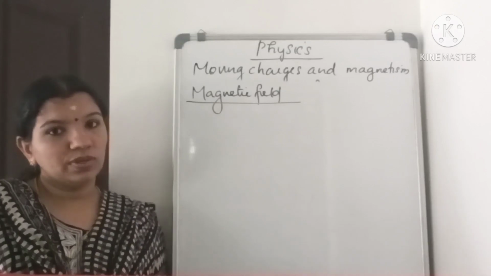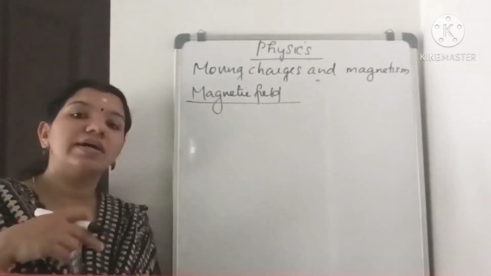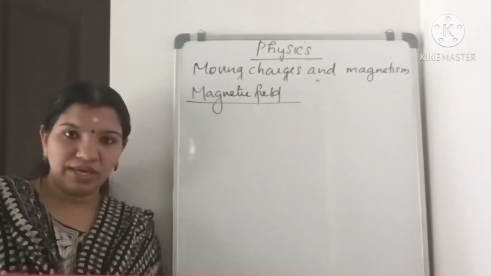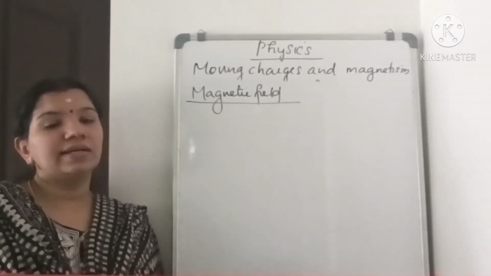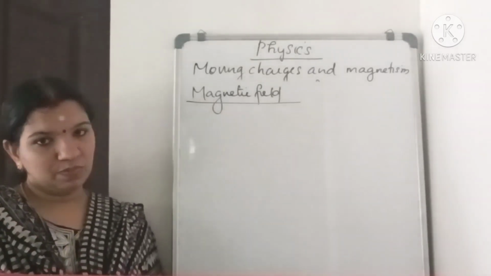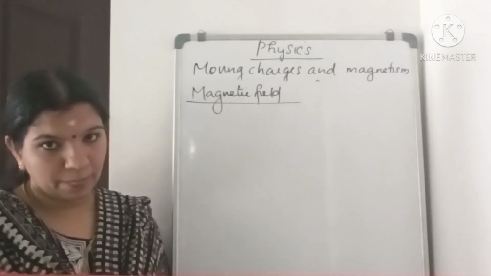Or in other words, around a current carrying conductor also there will be a region, because a current carrying conductor also behaves like a magnet. So around a magnet or around a current carrying conductor, there is a region in which the force is experienced, and that region is known as magnetic field. Clear?